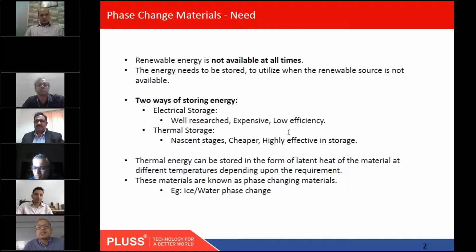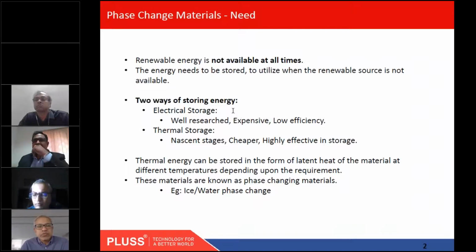So phase change materials. What are these materials? These are essentially chemicals of different kinds which we manufacture, and they melt and freeze. And when they melt and freeze, they are in the process releasing heat or absorbing heat. The most common example that we know of is ice and water.